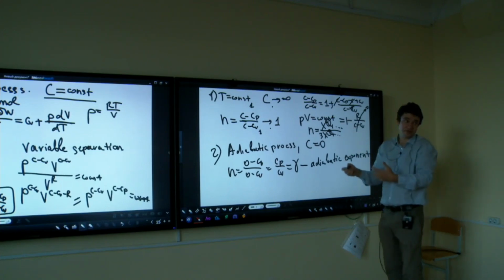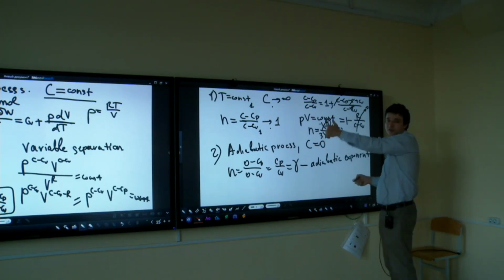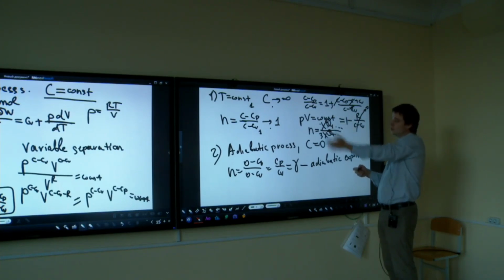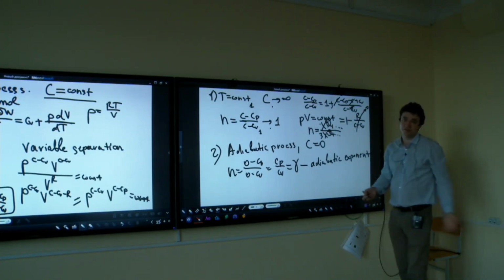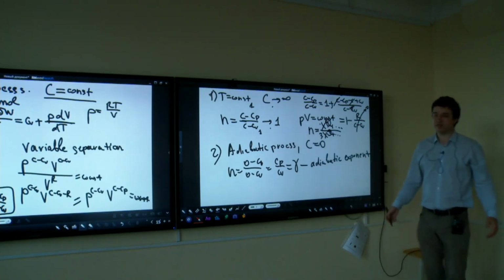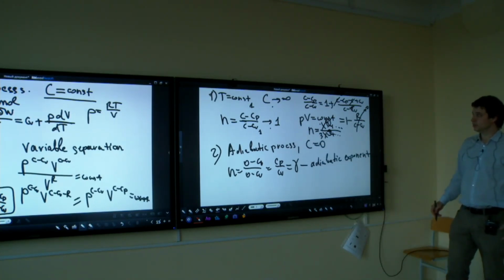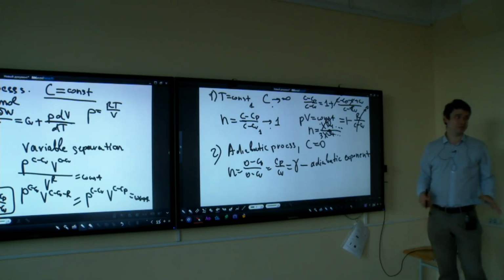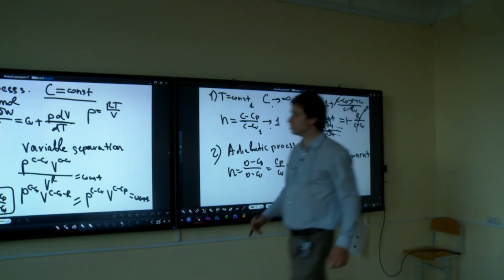If they have equal power, then you need to divide the coefficients. If above I have less power than below, then it goes to 0. So this is one of the particular cases of such calculation. As you see, all of these processes are particular cases of the polytropic process.